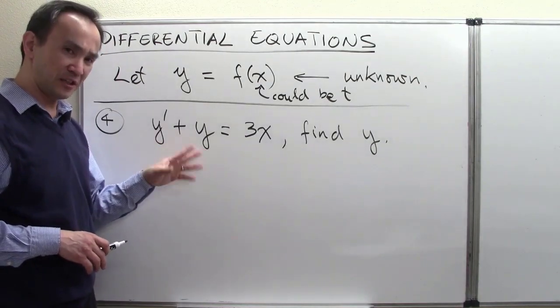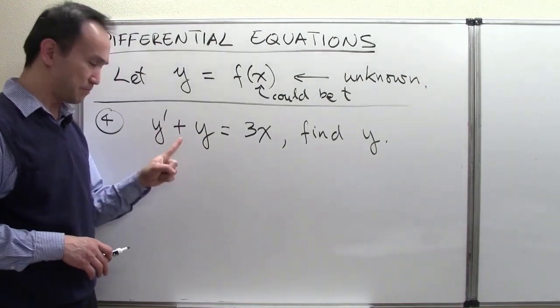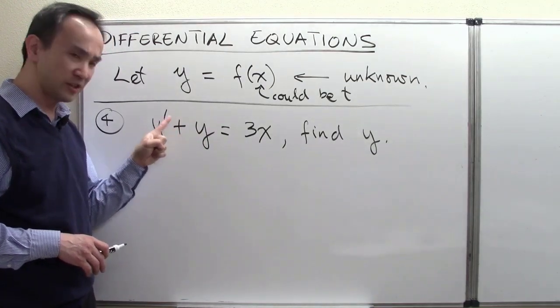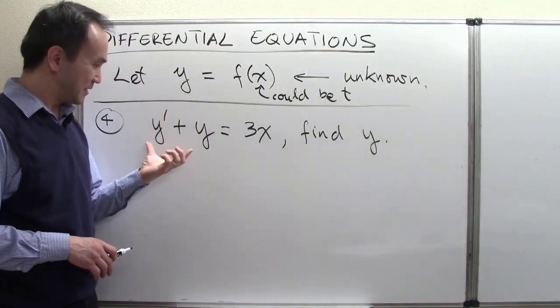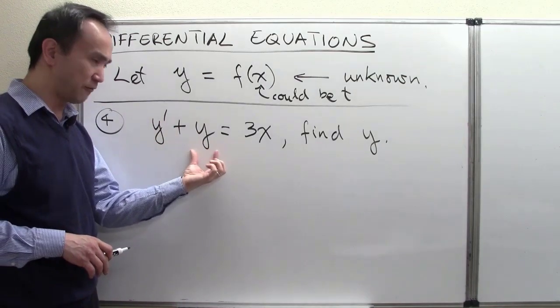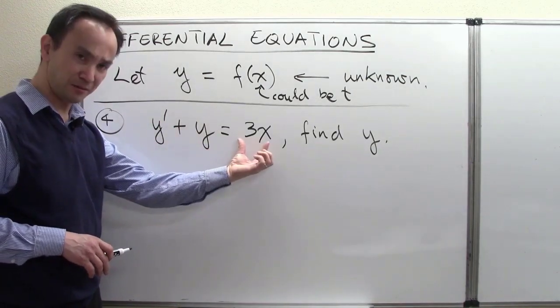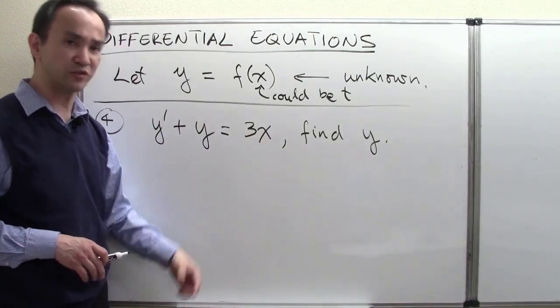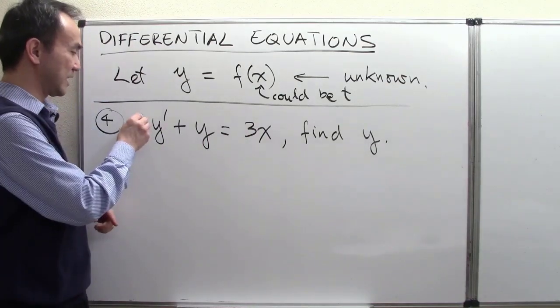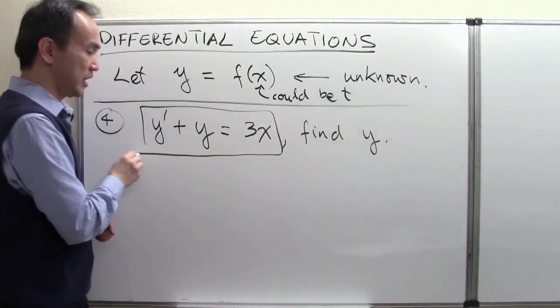Throughout the few instances I've mentioned, I've been using the first derivative, but it could be some derivative of the unknown function. There may be some input variable involved. So this one is again a differential equation.